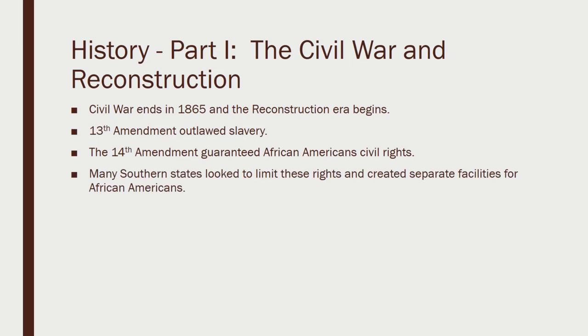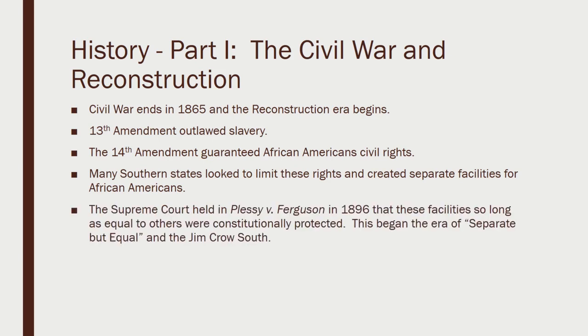Unfortunately, as you know, many southern states looked to limit these rights and created separate facilities for African Americans. In 1896, in the Supreme Court case Plessy versus Ferguson, which is quite a famous one, this decision basically stated that separate facilities, so long as they were equal to those of whites, were constitutionally protected.